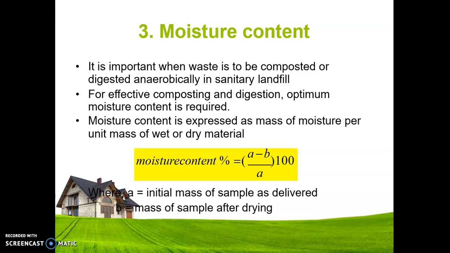If you refer to your textbook, it is in table 10.4 on page 579. It gives you the typical moisture percentage for each component of your solid waste, and then you need to determine your mass of sample after drying.